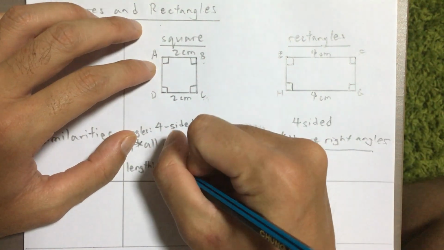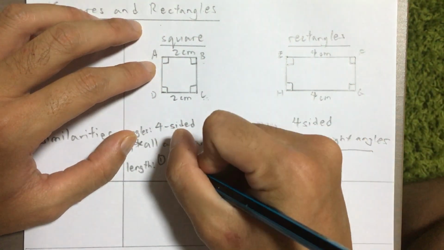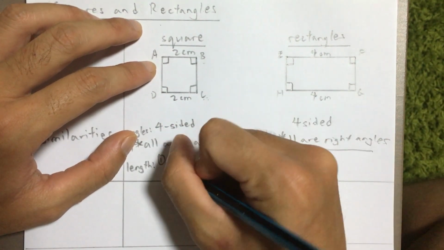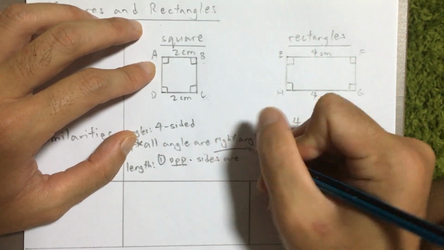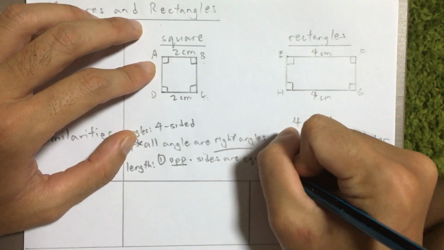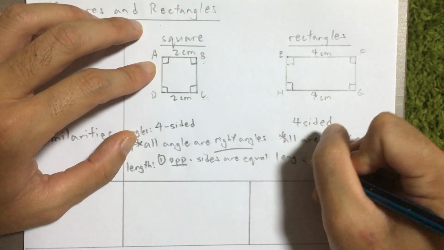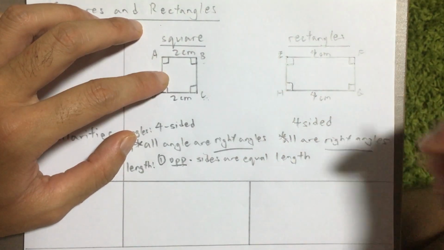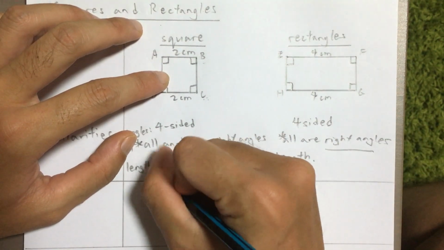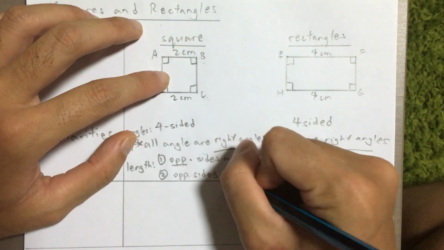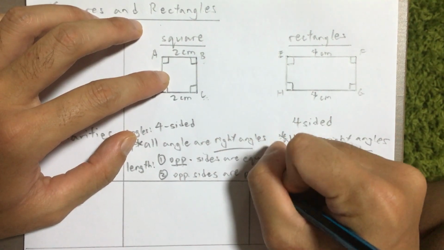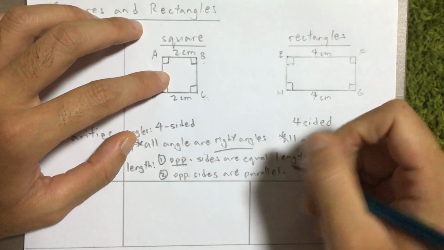So let's write down first that opposite sides are equal length. This is for both squares and rectangles, and also opposite sides are parallel. Let me explain this again. I know it's a bit confusing here.